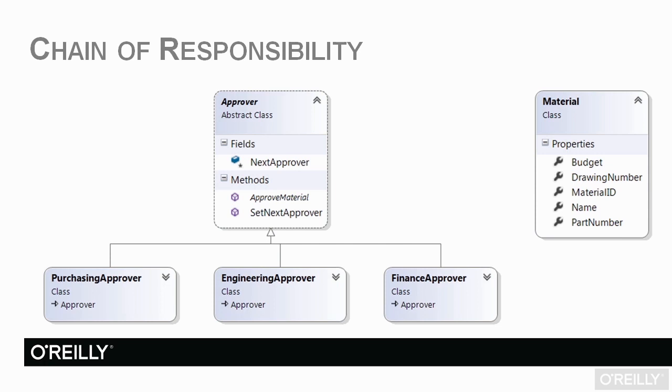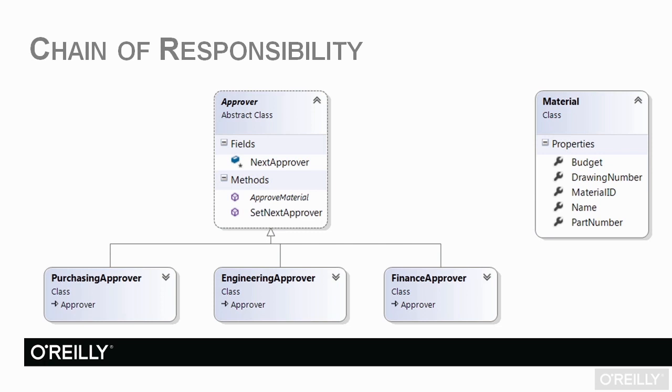In that first approver class, it'll do its work, and if it needs to call the next approver, it'll check to see if that exists by checking that internal member, and if the next approver does exist, it will subsequently call the ApproveMaterial method on that next approver. So we've got the three subclasses down here, and we're going to start off our chain of command with the engineering approver.